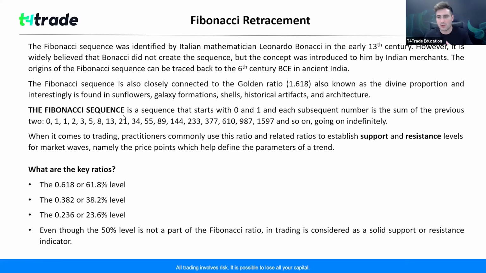When it comes to trading, however, practitioners commonly use this ratio and many other ratios extracted from this Fibonacci sequence in order to establish support and resistance levels, which can be useful when entering or exiting a position, measuring how far a price action is expected to pull back or retrace once you hit, for example, a fresh high, or how much a price action could rebound from reaching a fresh low.